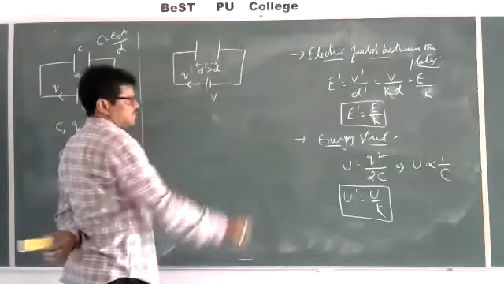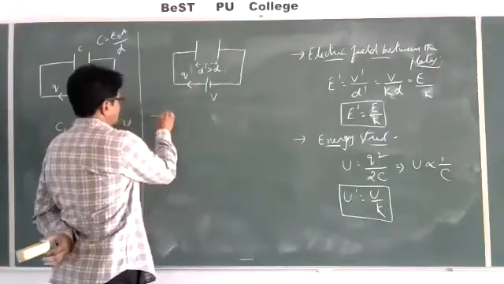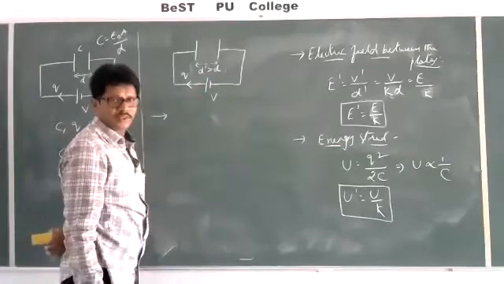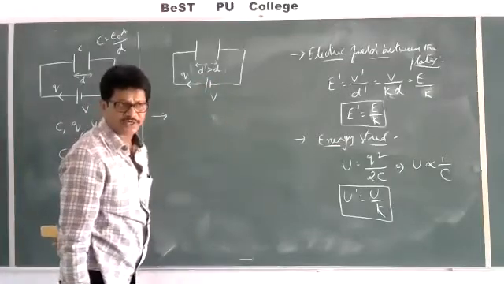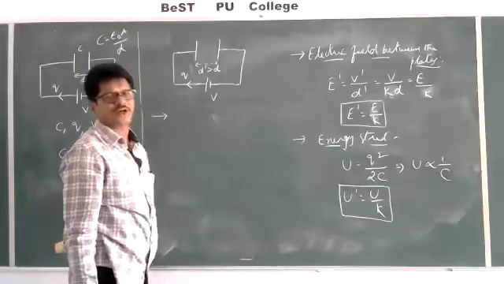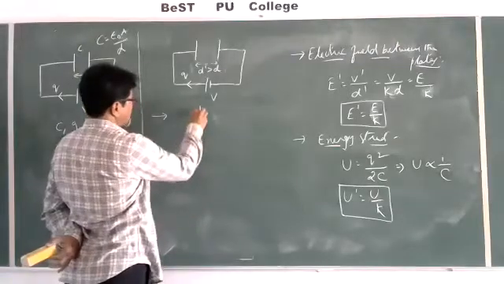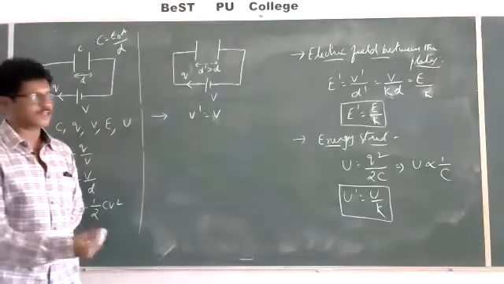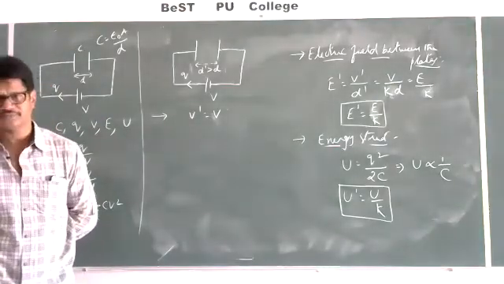Then what are the points here? Since the battery is still in connection, which parameter remains constant? Potential remains constant. So V dash is equal to V. Potential does not change.